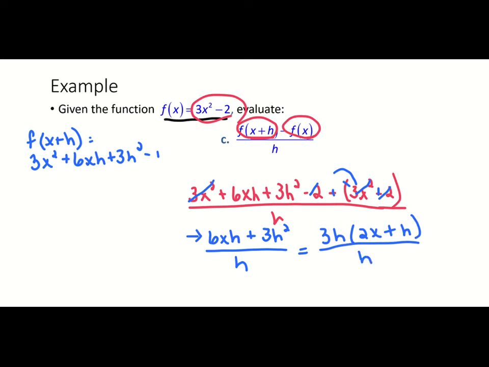And now, because it's a part of a factor, we can get rid of our h's. So our final answer is 3 times 2x plus h, or if you distribute, 6x plus 3h, and that would be our final answer there. It's a little cumbersome, but it does work. You just have to make sure you have the right signs and follow all the steps.